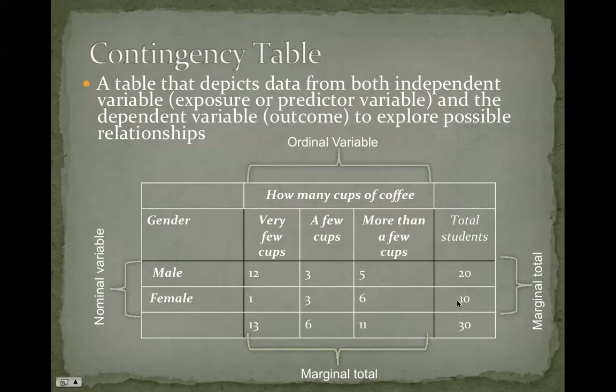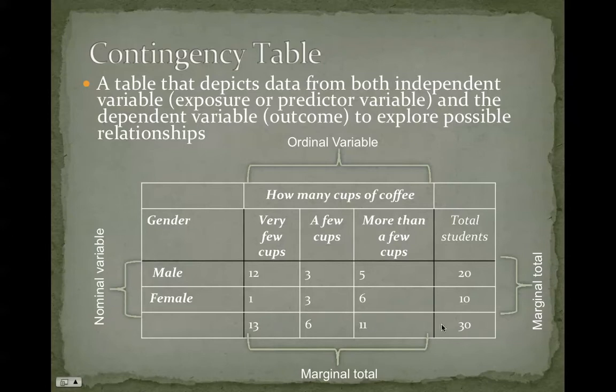Lastly, we also have something called a marginal total. A marginal total is just a column or a row in which we are adding up across columns or across rows. For example, here I have 20 students, and that 20 is simply adding up 12 plus 3 plus 5. I have 10, which is simply 1 plus 3 plus 6. And then I have 13, 6, and 11, which is these columns added up across the two rows.